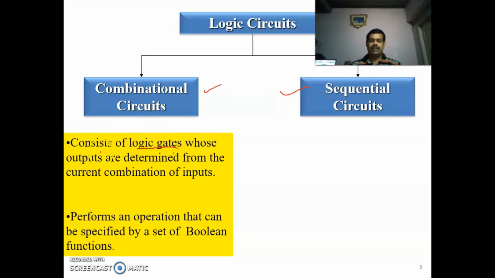The combinational circuit consists of logic gates whose outputs are determined from the current combination of inputs. So this circuit consists of only logic gates, and the output depends only on the current combination of inputs.